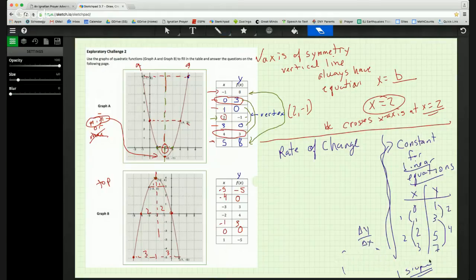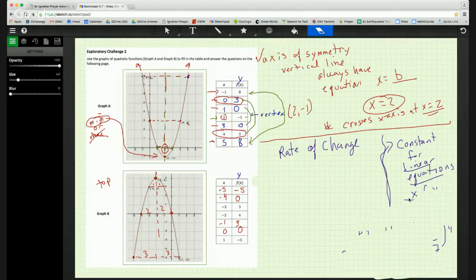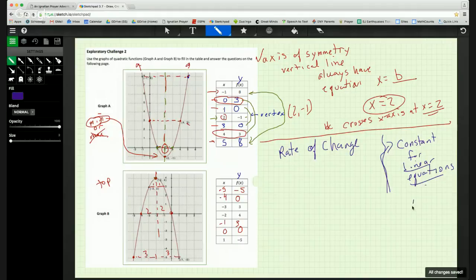Okay. So we're going to erase this for a second, and I'm going to keep up our same definition, delta y over delta x. The rate of change on a parabola changes.